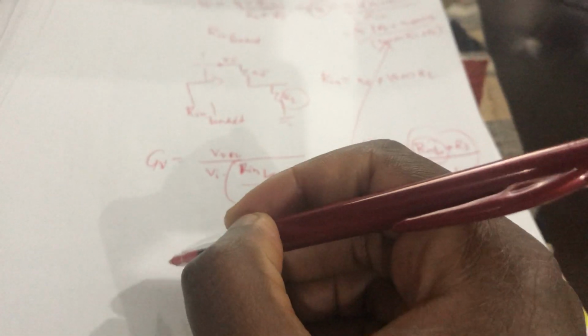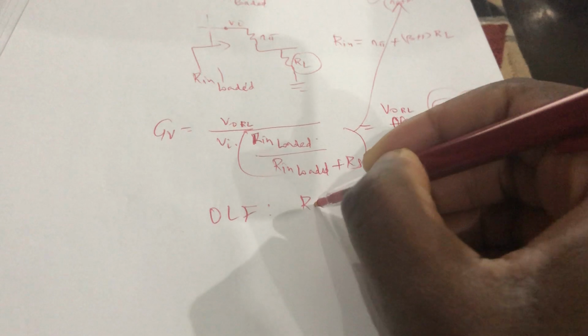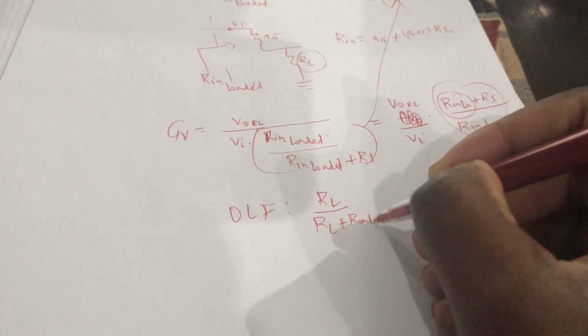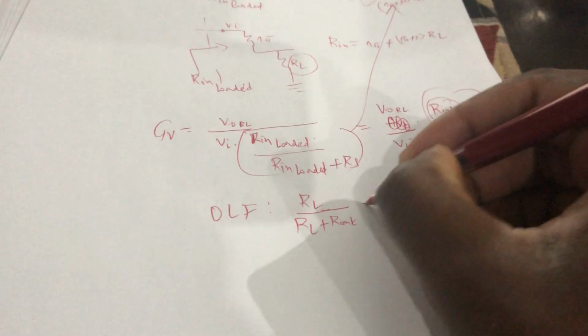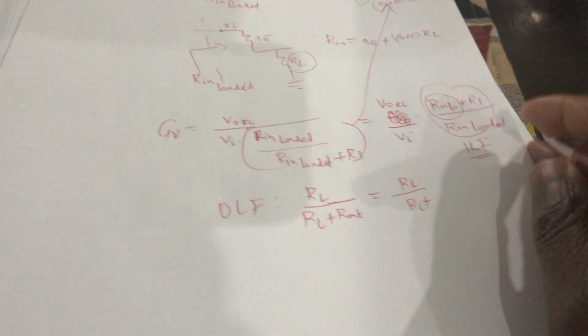V out with RL being considered is basically captured by the output loading factor, which is RL over RL plus R out. But now this is R out without RL, which is just RE. So RL plus RE.